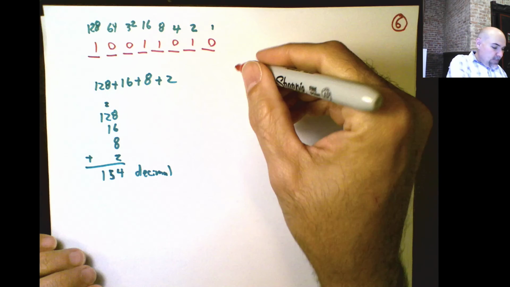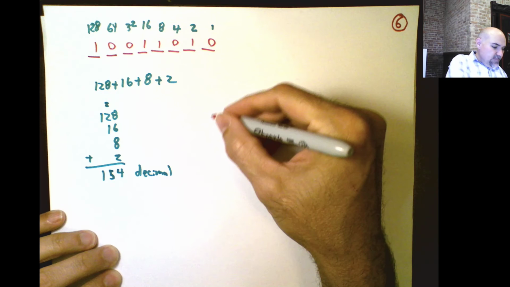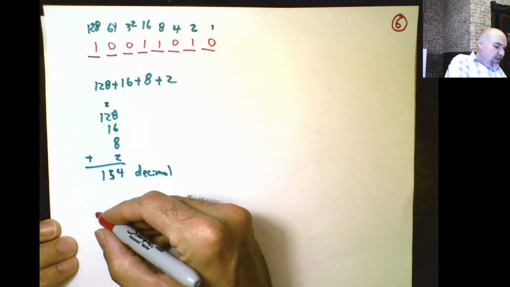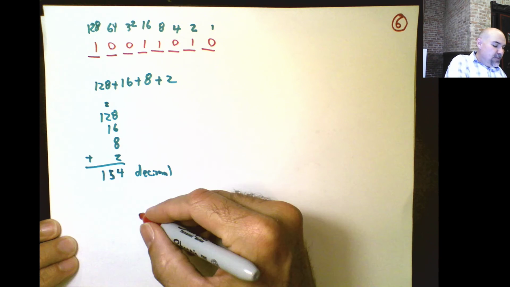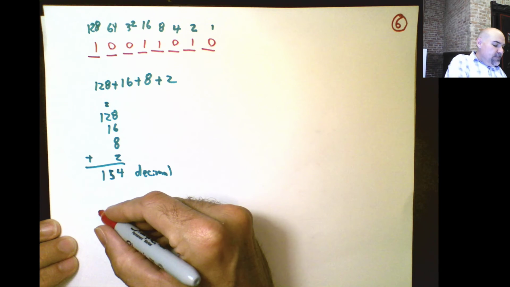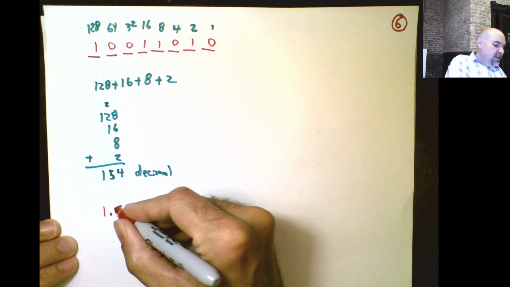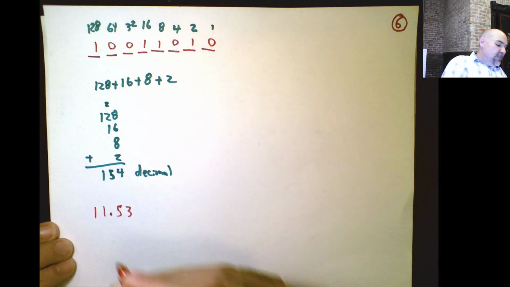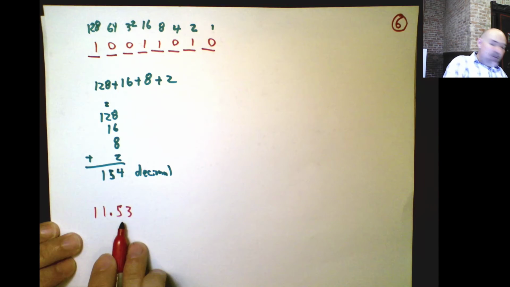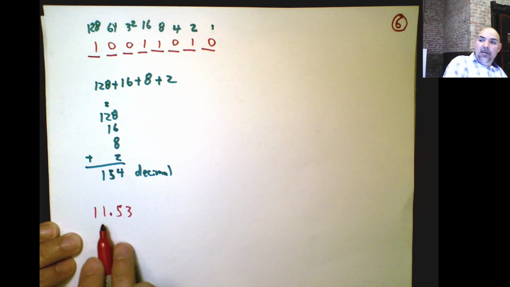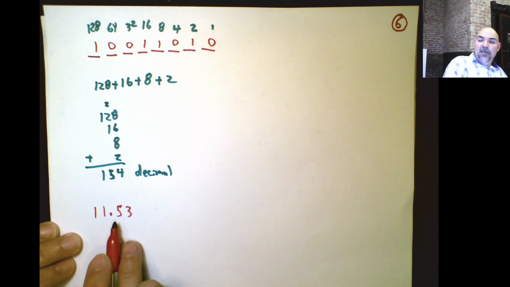So if we think of those place values in decimal, when you say something like 11.53, notice that there are place values associated with things on the left of the decimal, and there are things on the right of the decimal.